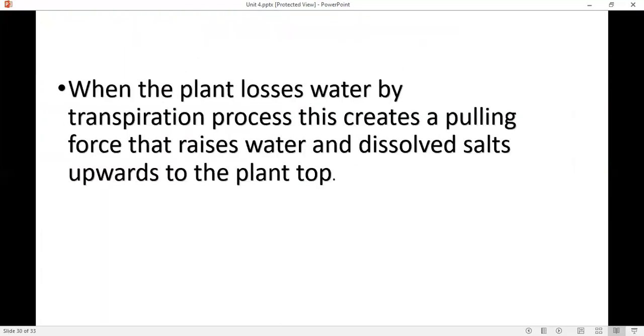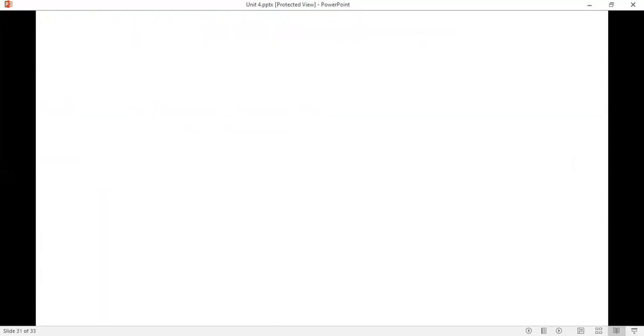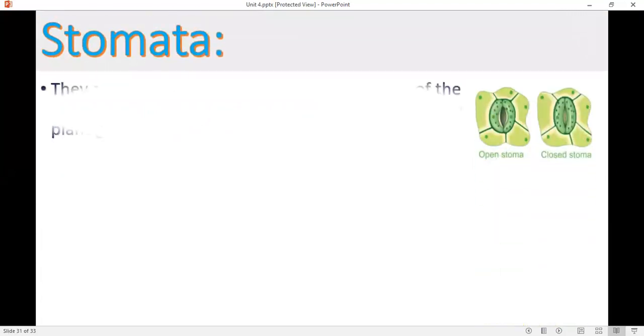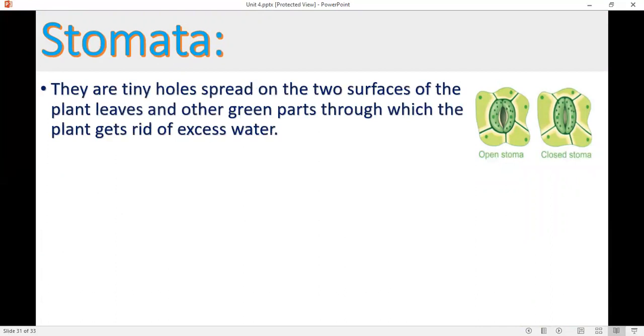Let's find the definition of stomata. They are tiny holes, as you can see, spread on the two surfaces of the plant leaves, especially the lower surface, and the other green parts, through which the plant gets rid of the excess water.